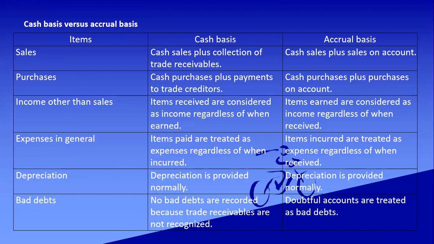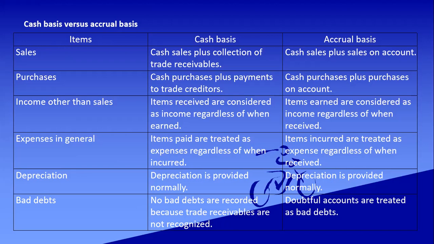For sales, under the cash basis, we have to include cash sales plus collections of trade receivables. That is for the amount of sales. Under the accrual basis, sales will be equal to cash sales plus sales on account.